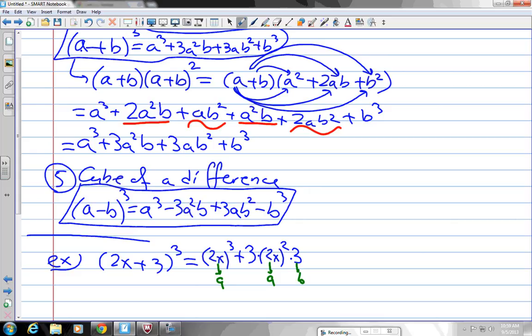You always have the coefficient. We're okay in the first two terms, how I'm doing that. So third term, formula tells me put a 3. Then a happens to be 2x in this problem, so just 2x, times b squared. B is 3, so I'm going to write 3 squared, and plus b cubed. B, again, is 3, so plus 3 cubed.